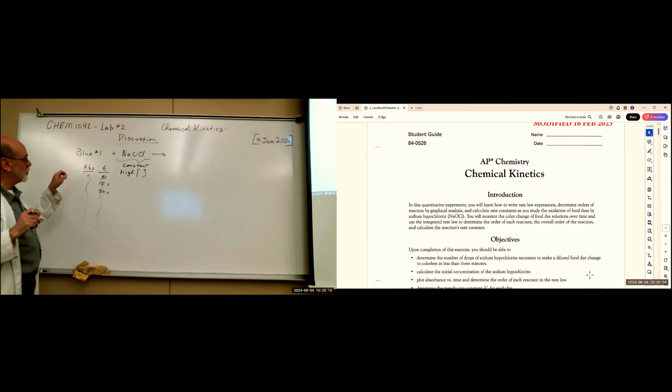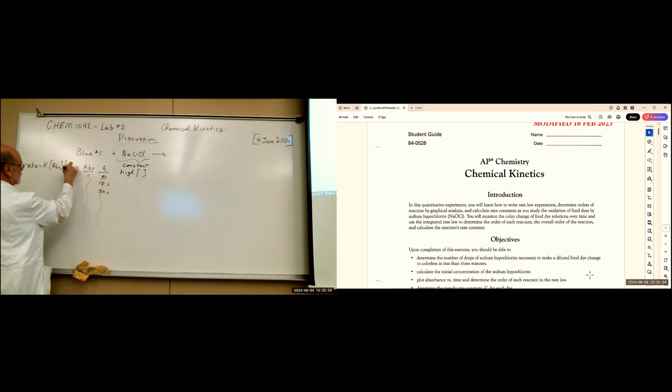You try to find out what the order is for this factor in our rate law. So our rate law is going to look like this. Rate equals some K times the concentration of the blue dye, which will be absorbance, times the concentration of sodium hypochlorite, and each one is going to have its own order, N and M. Okay.